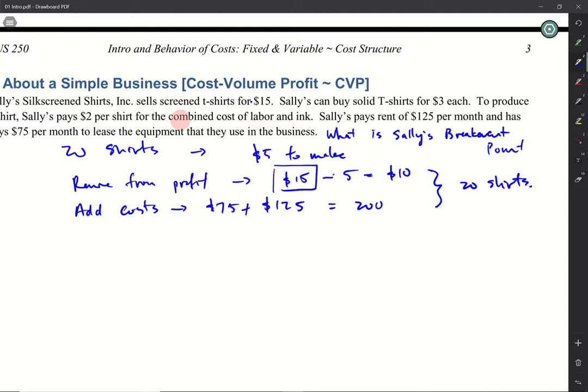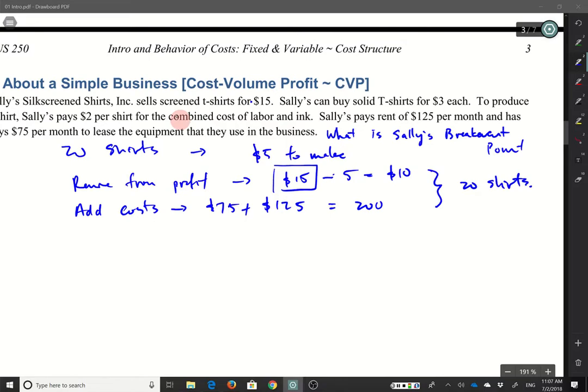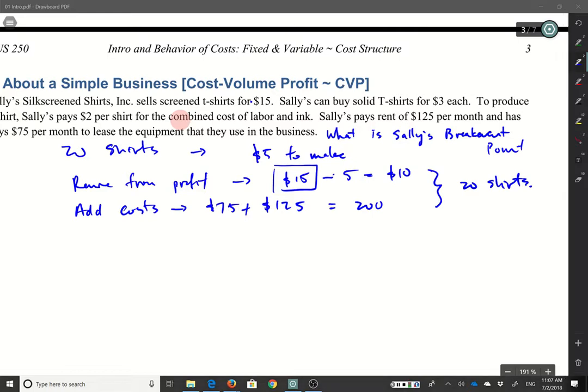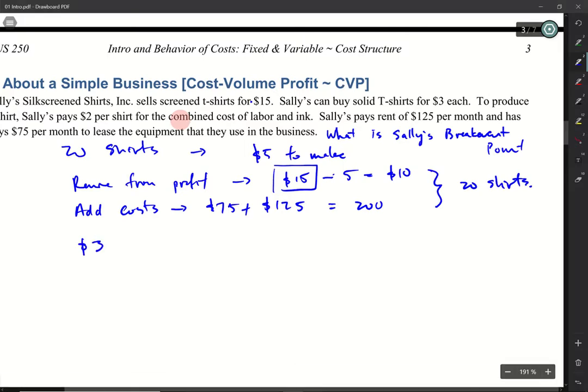Cost per month. Okay, so close. So what we want to do is, you noticed, right, that the $3 from materials plus the $2 for basically labor equals $5.